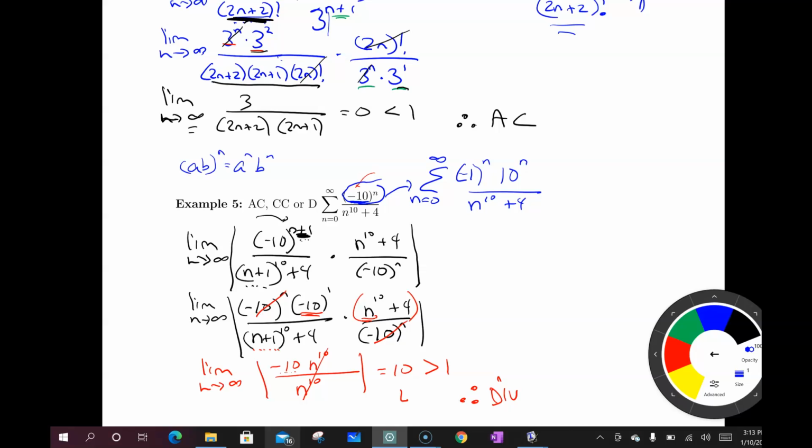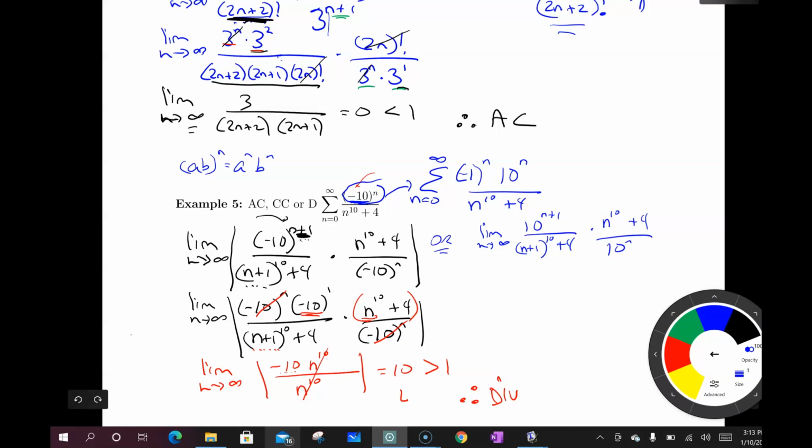Then if I wanted to do the ratio test, by tossing out the negatives, I'd have 10 to the n plus 1, n plus 1 to the 10th plus 4, multiplying n to the 10th plus 4 over 10 to the n. So I wouldn't have to worry about, so this is the or, right?